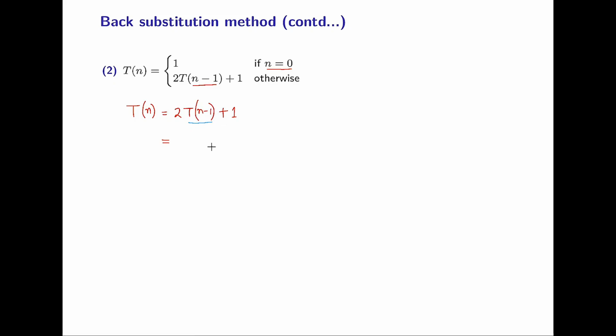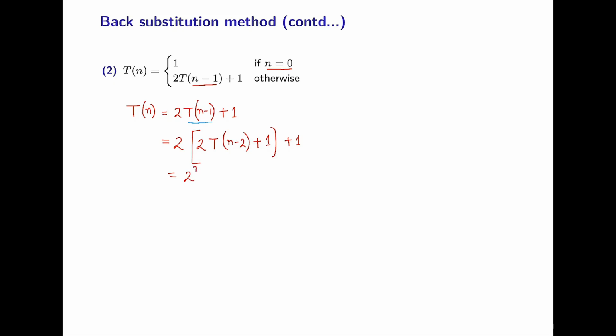Now again, similarly as we have seen earlier, instead of writing T(n minus 1), we will back substitute something equivalent in terms of recursion. If T(n) equals 2T(n minus 1) plus 1, what will be T(n minus 1)? Here our n is n minus 1, right? So the 2 stays as it is, then T(n minus 1) will be 2T(n minus 2) plus 1.